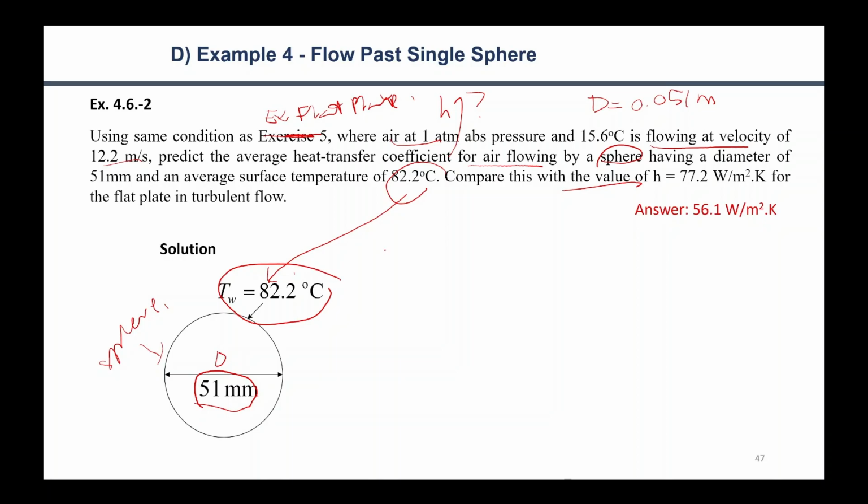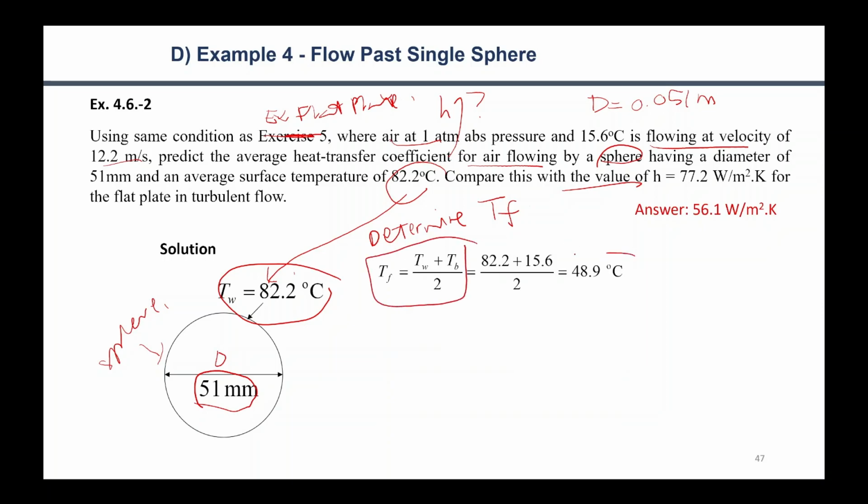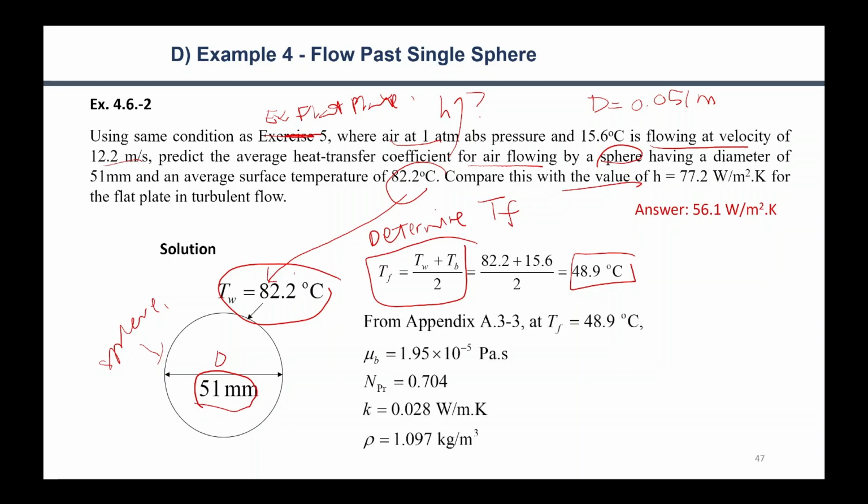Compare this with the value of h from the flat plate in turbulent flow. The first step is to determine Tf, the film temperature. By using this formula, our film temperature is 48.9 degrees Celsius. Next, with the knowledge of this film temperature, we find all the fluid properties from Appendix Table A33.